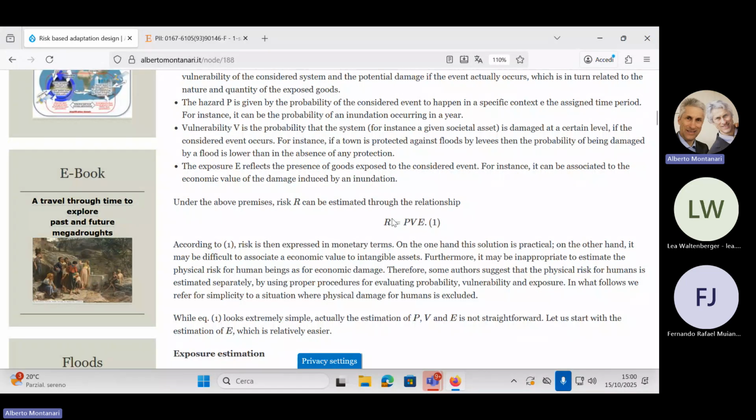Now, before we go to the estimation of these three factors, let me discuss the issue of human life.